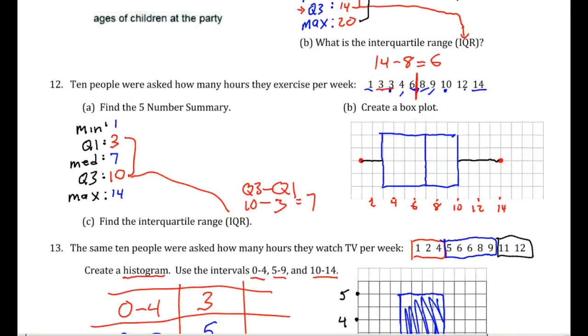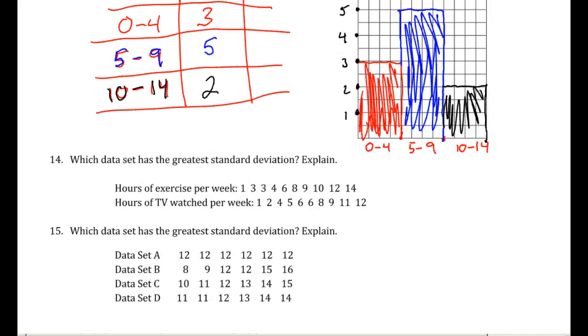We know from here it's the same information. The median is 7. So hours of exercise, the median here is 7. That's the exact middle. And for number 13, or right here, what's the middle there? Kind of like around 6, right?